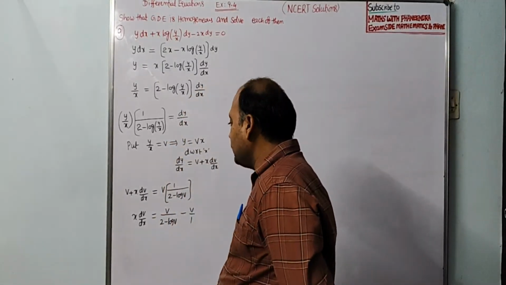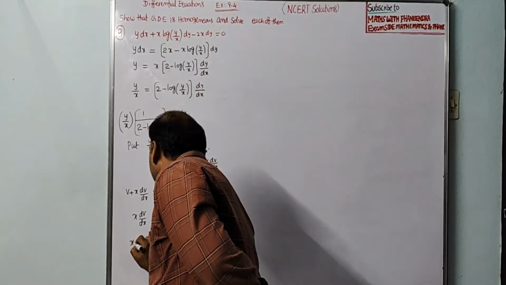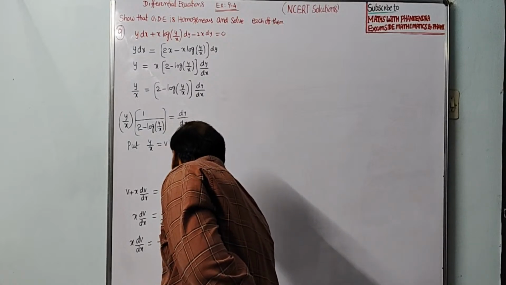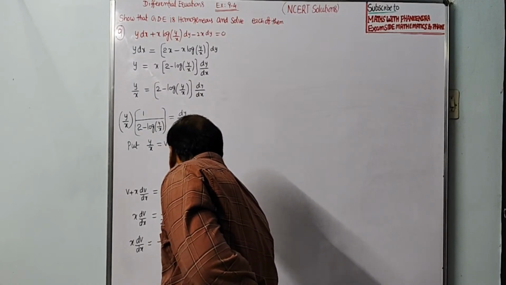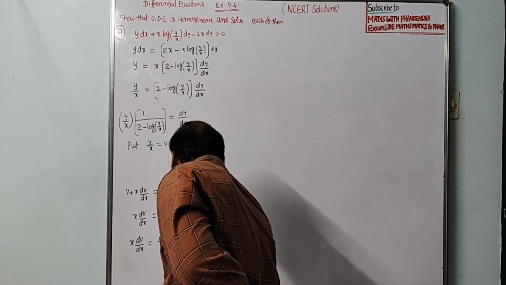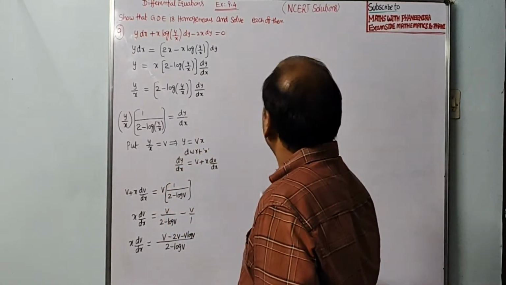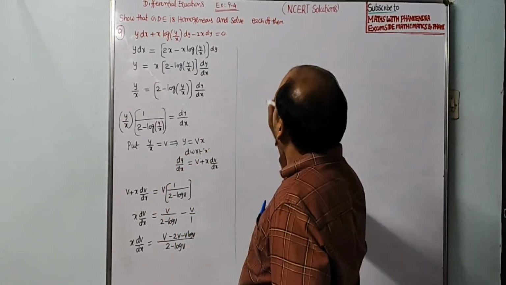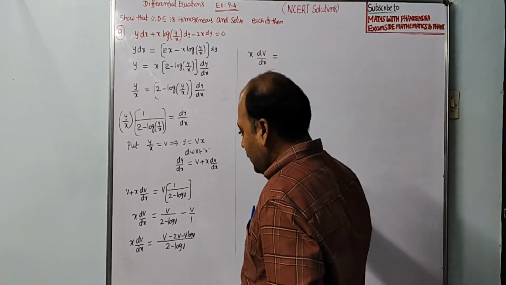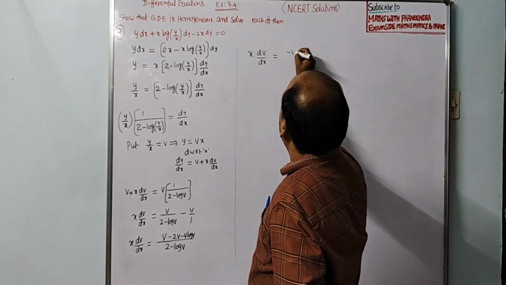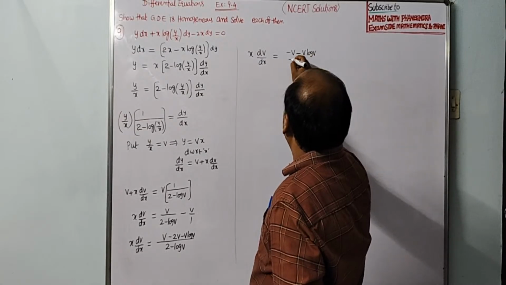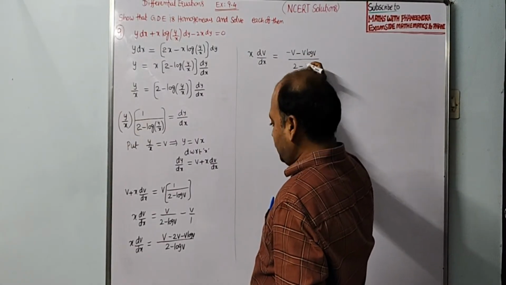Take out LCM and simplify. x into dv by dx is equal to v minus 2v minus v log v over 2 minus log v. x into dv by dx is equal to minus v log v divided by 2 minus log v.